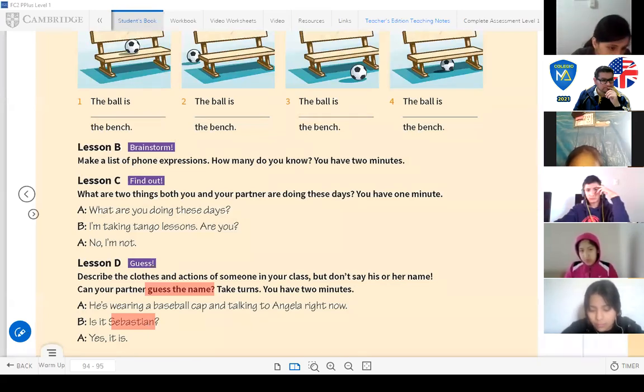Come on. Vamos. Look at the camera. Who's the person? Who's the person that she's wearing glasses?